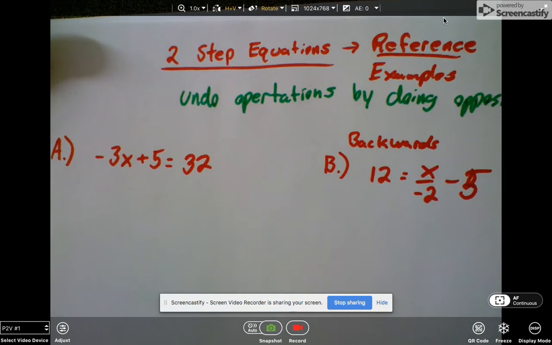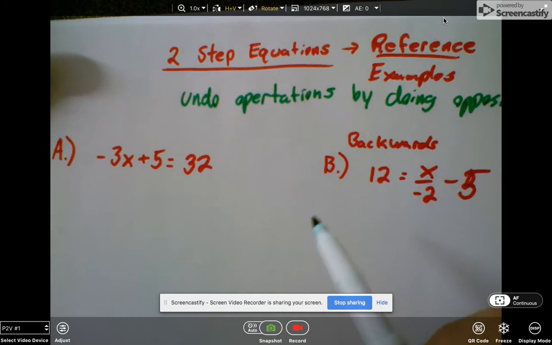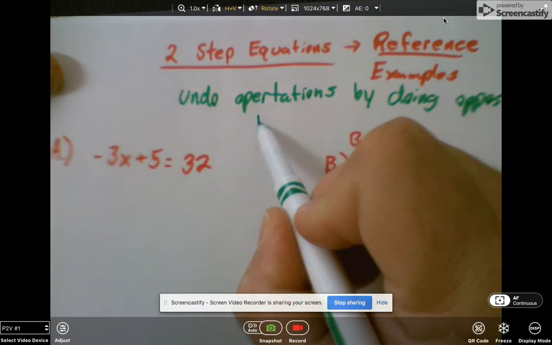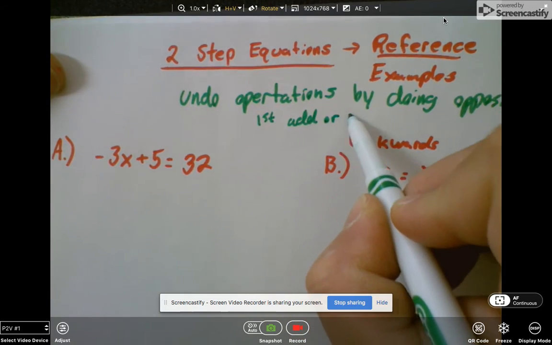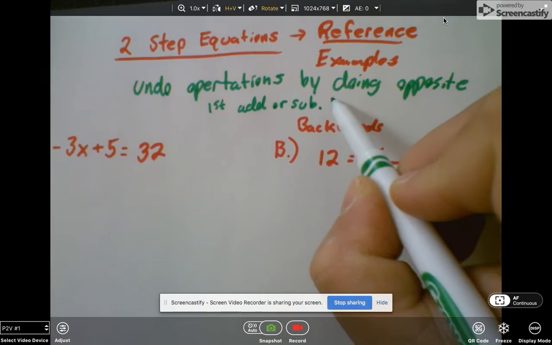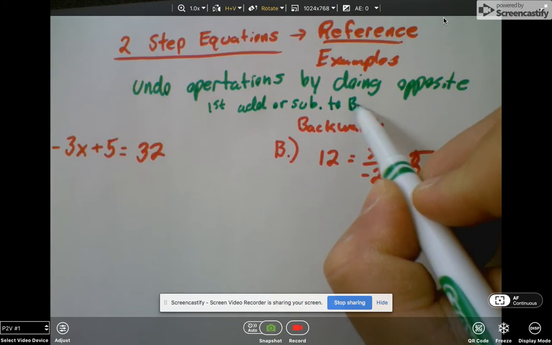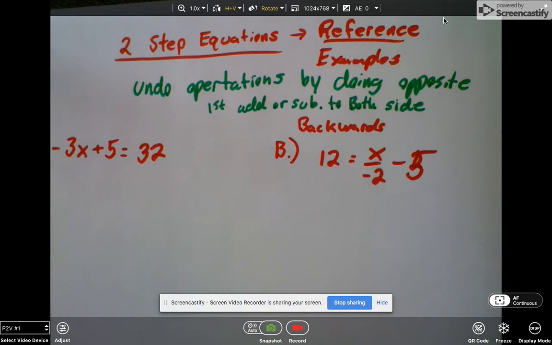So with two-step equations, you're always going to undo the addition and subtraction first. So first, add or subtract to both sides. So like we learned in seventh grade, if you do one thing to one side of the equation, you do it to the other.